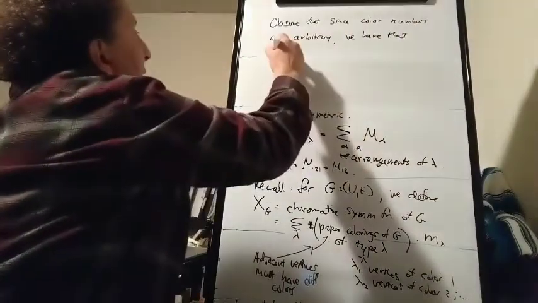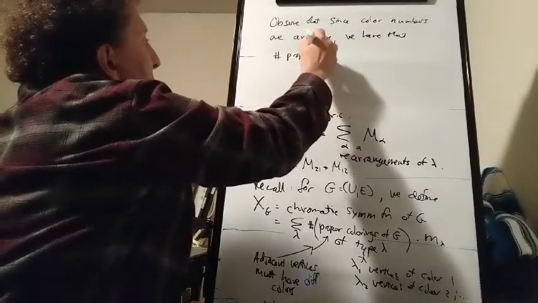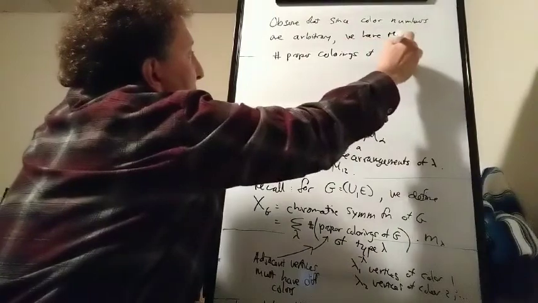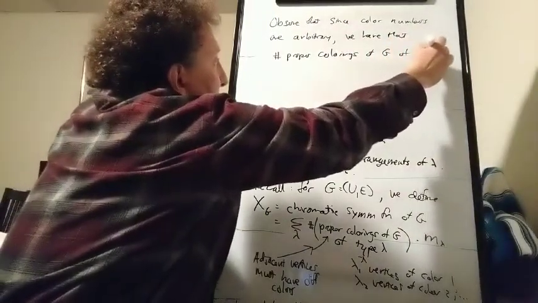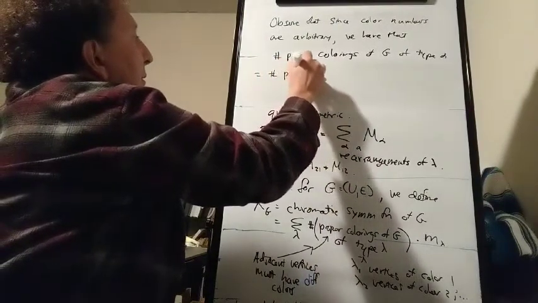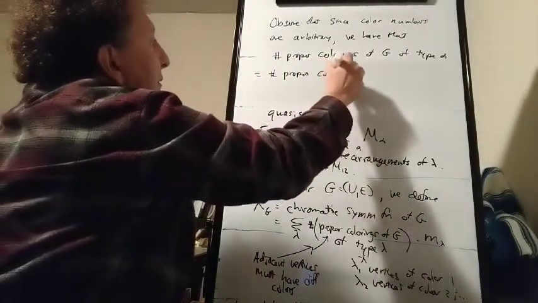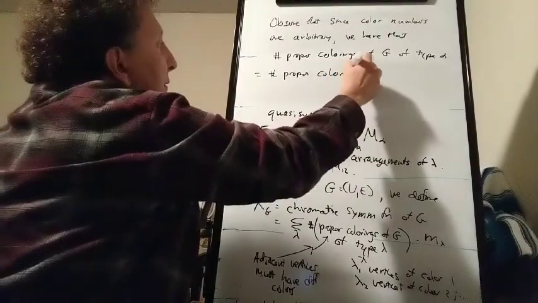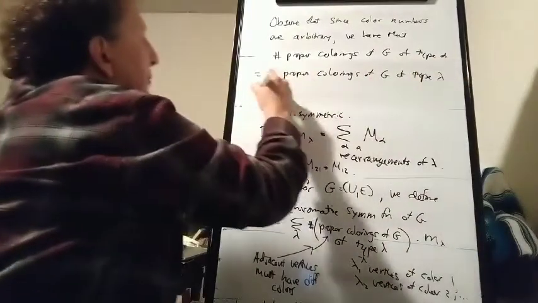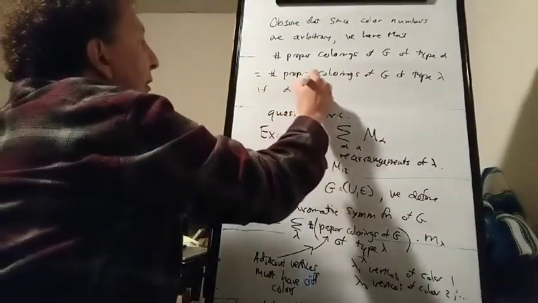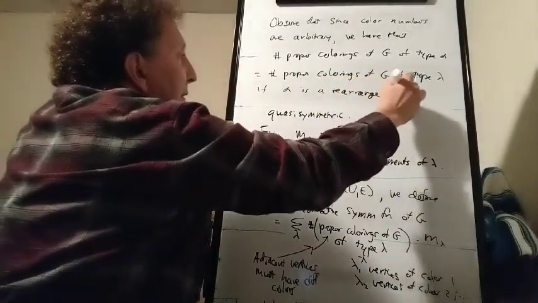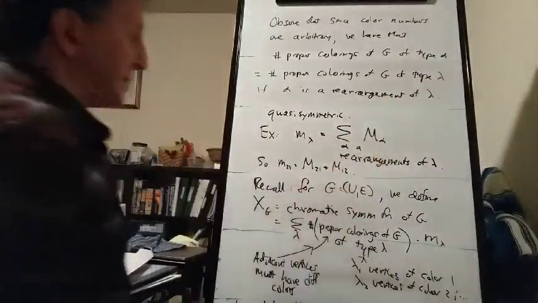We have that the number of proper colorings of G of type alpha equals the number of proper colorings of G of type lambda if alpha is a rearrangement of lambda.